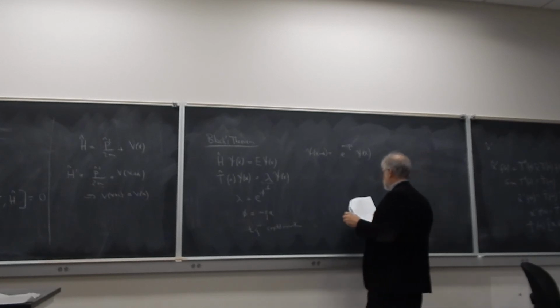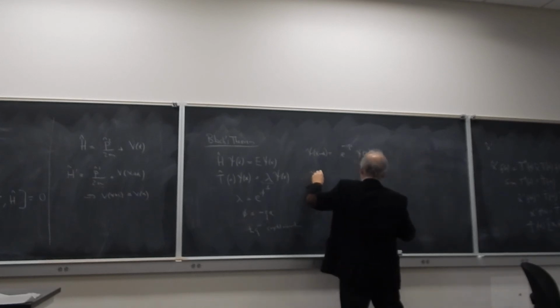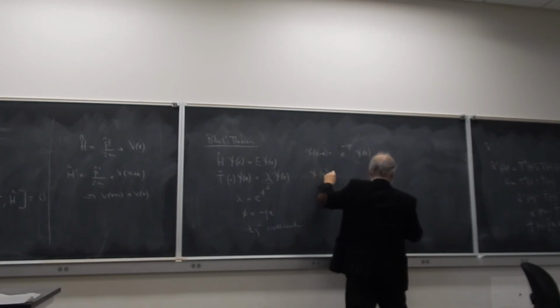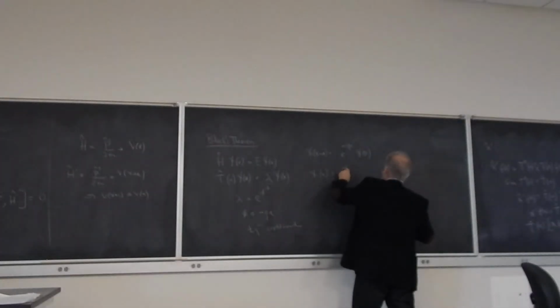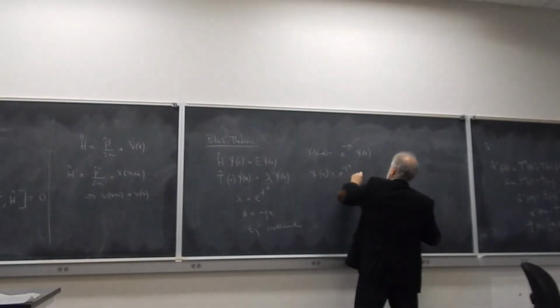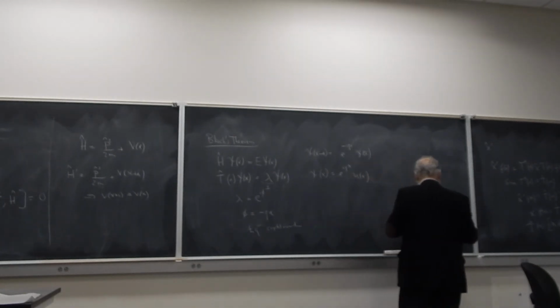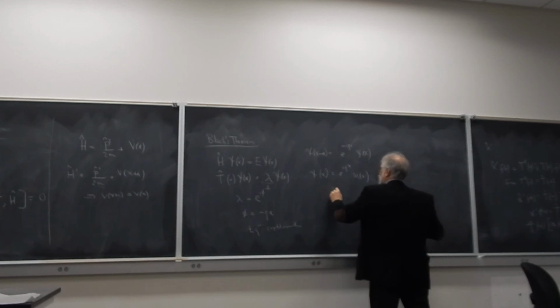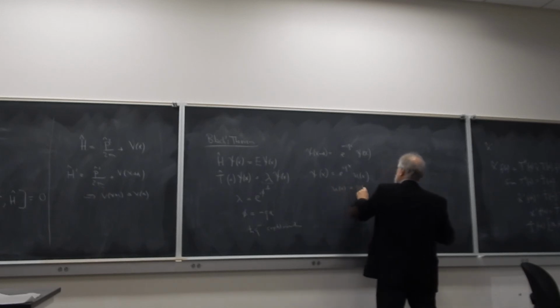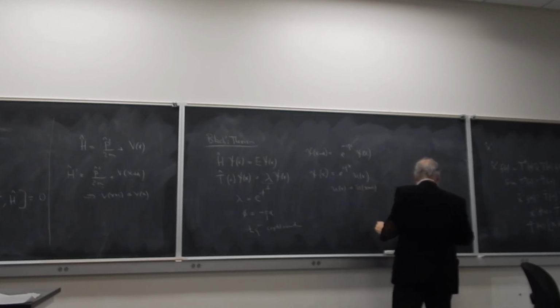Bloch's theorem says, same idea, psi of x is equal to e to the i q x times u of x, where u of x is equal to u of x plus a.